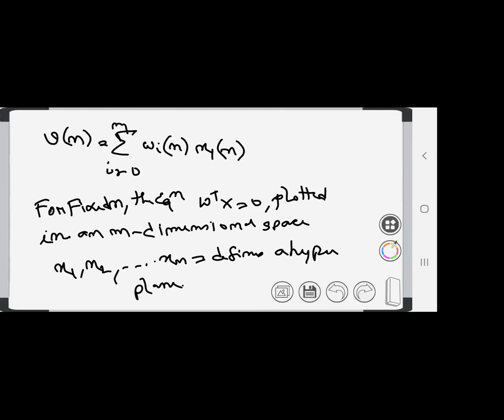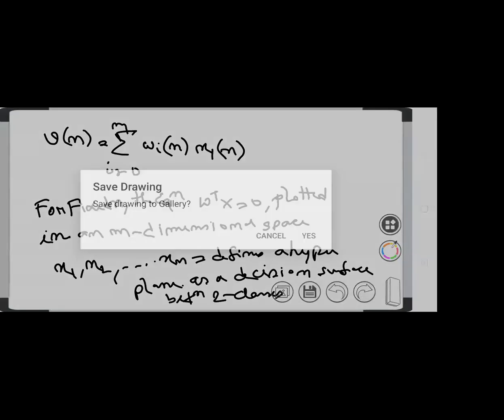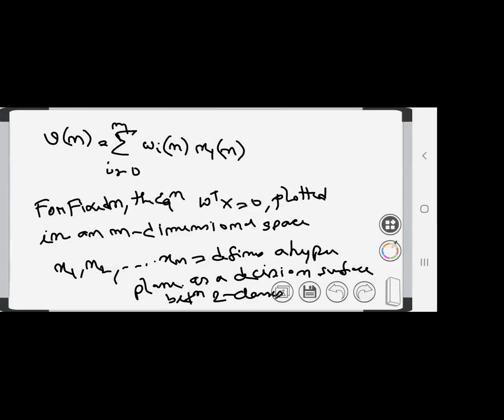Okay, hyperplane as a decision surface between two classes of input.